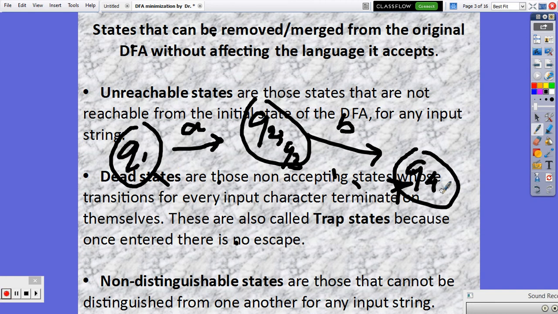So what we are doing is minimization. Our objective is to identify if there is any state which is unreachable, dead, or non-distinguishable. If we find any of these three types of states, we will remove them from our DFA to make it minimized.